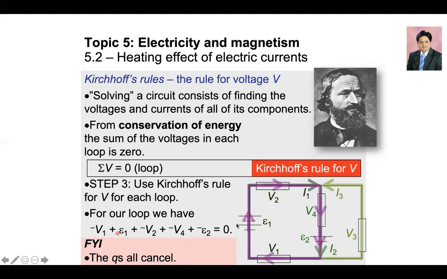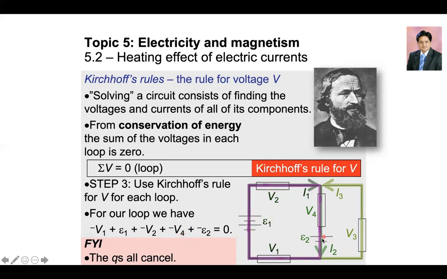So here you see, you could start from any point. Let's start from this point. If I start from this point, I'm going from negative to positive. So this becomes positive E1. I'm moving in the direction of the current, so there is a drop in the voltage. So that becomes negative V2. Then again, I'm moving in the direction of the current, so that would be negative V4.